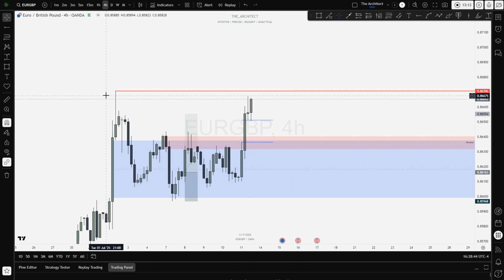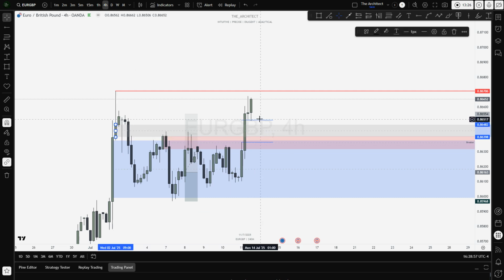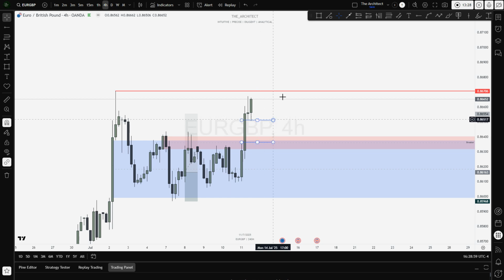If the market does open, takes out these buy stops, and then pulls back, or breaks this high, you'd have multiple areas of support. This would hold as a mitigation block, which would be aligned with that fair value gap that you could look to buy off of.